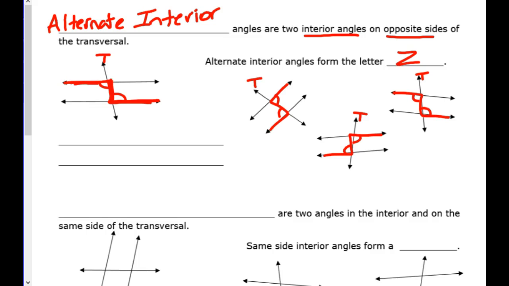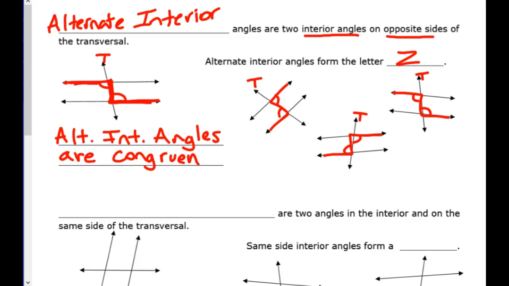Now, alternate interior angles, which I'm abbreviating, alternate interior angles. This is not alliteration, but I'll tell you, they are the same measurement. They are congruent. Okay?